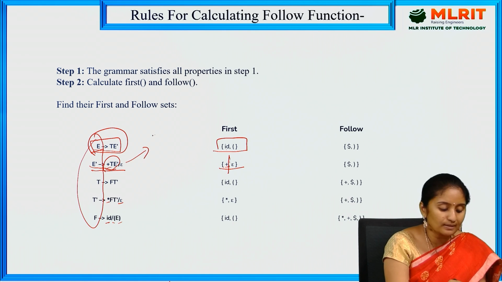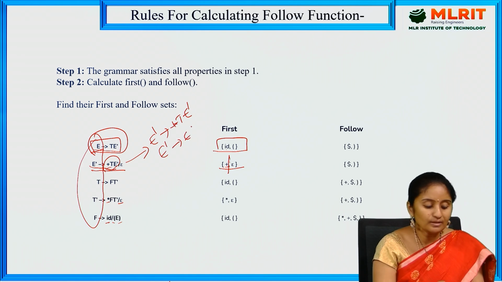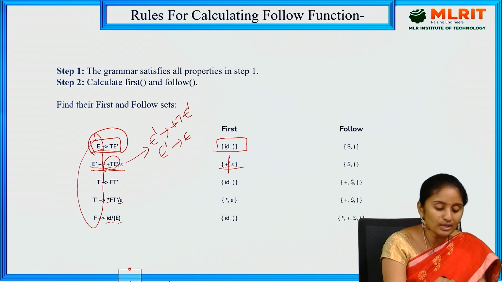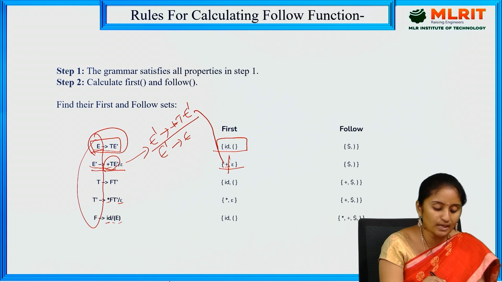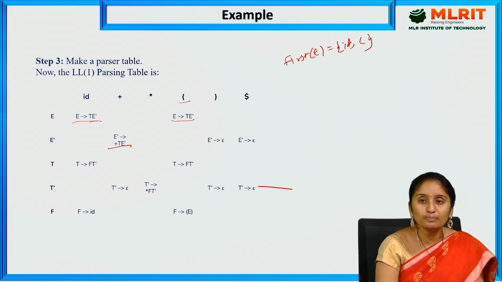E dash produces plus TE dash, E dash produces epsilon. These are the two productions, and we write them in a single statement. By using this statement I got plus, so in the place of plus we write E dash produces plus TE dash.